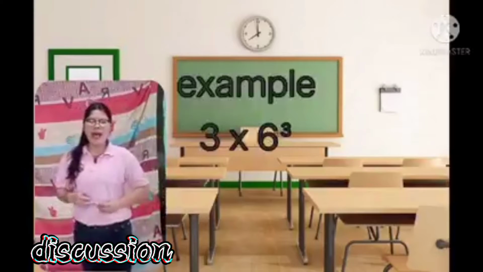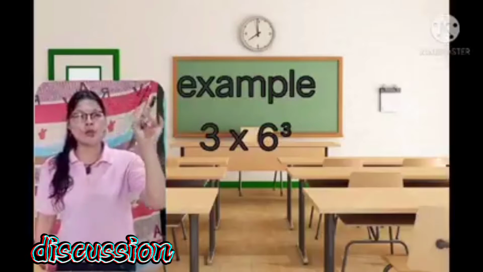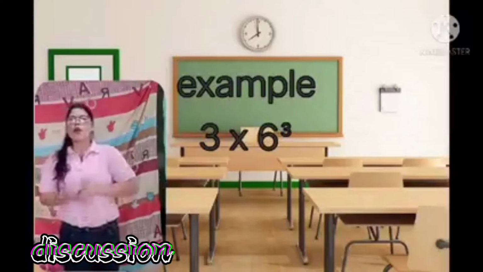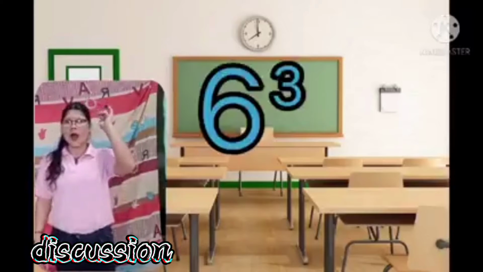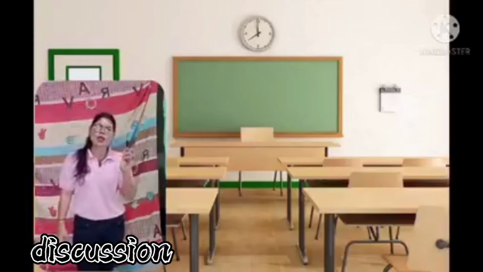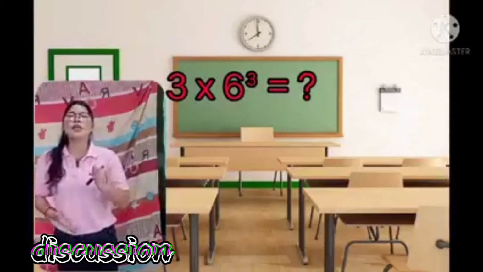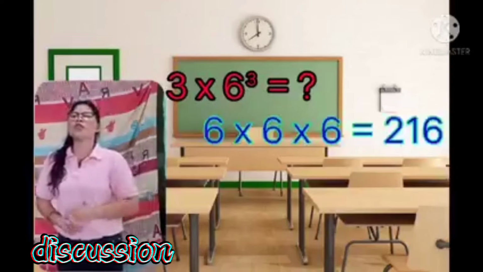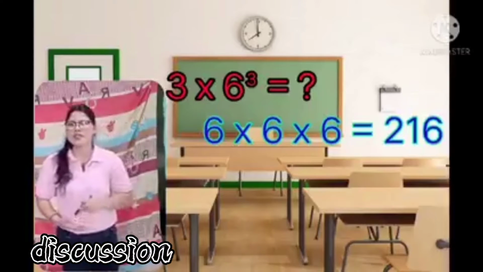For example, 3 times 6 to the power of 3. To solve that, first we simplify the 6 to the power of 3, or the exponent of 3, to get the exact answer. So 6 times 6 times 6 equals 216.